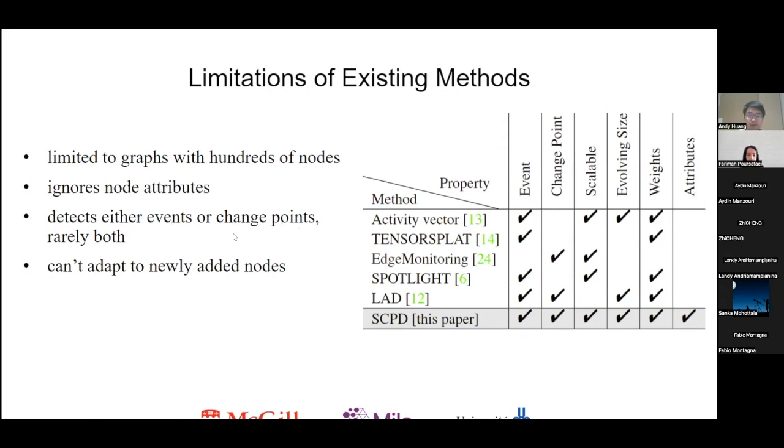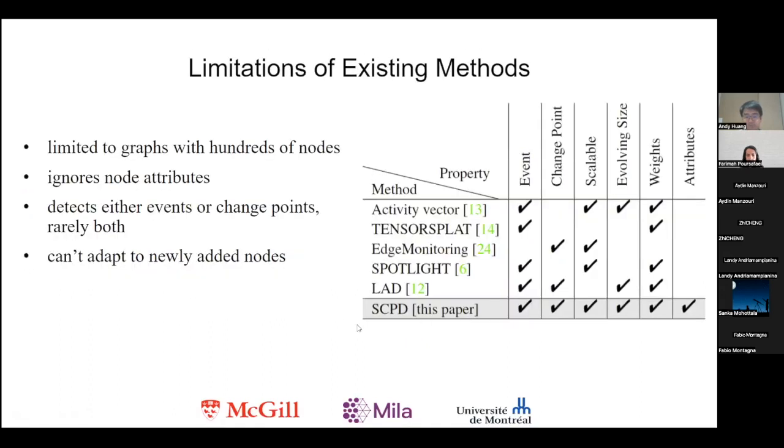However, in practice, you want to be able to detect both, because you do not know beforehand if you will detect an event or a change point. Lastly, one very important part for dynamic graphs is that some of these methods cannot adapt to newly added nodes. So if your graph sizes are increasing or shrinking, then these methods will have difficulty. In this work, we propose scalable change point detection, which is the only method that can satisfy all these properties.